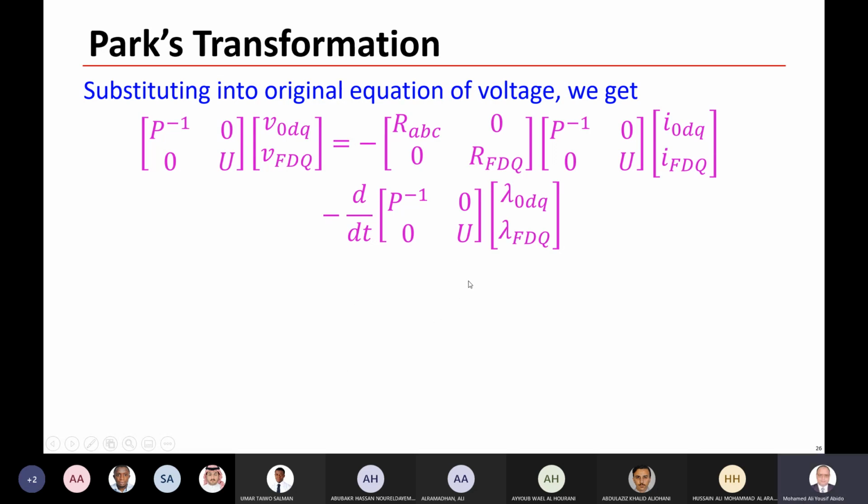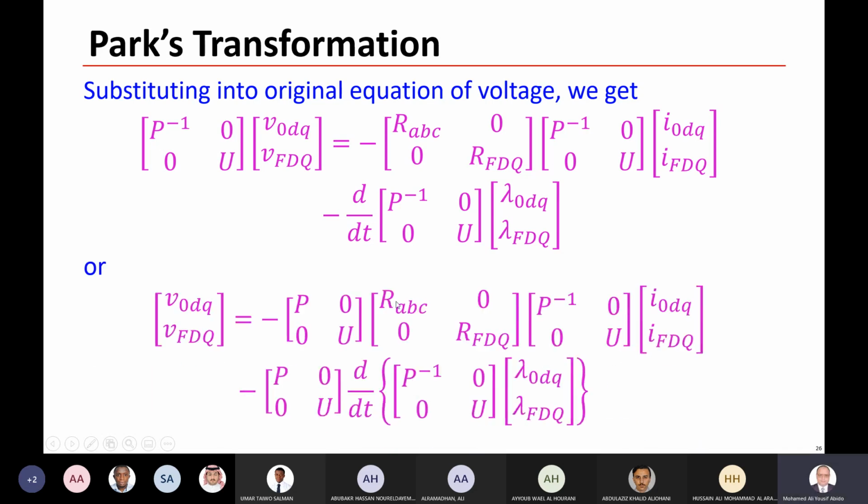And flux linkage equals L times the current. So if L is varying, then you have the derivative of L times the current and so on.